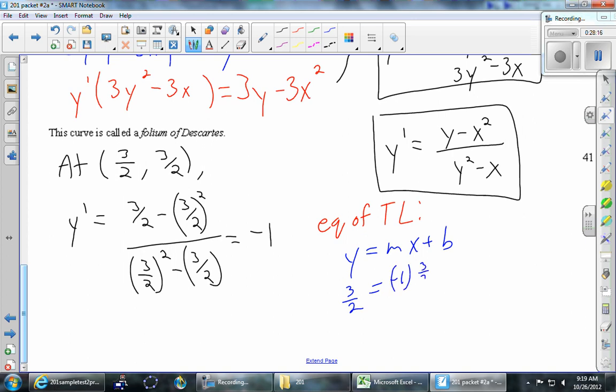Also 3/2. And then the b you're about to find. Three. So finally, y equals mx plus b. M is still -1, x plus b, 3.